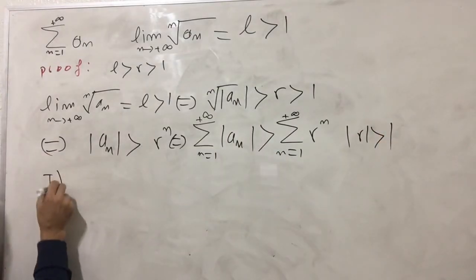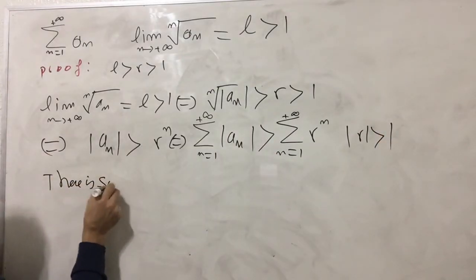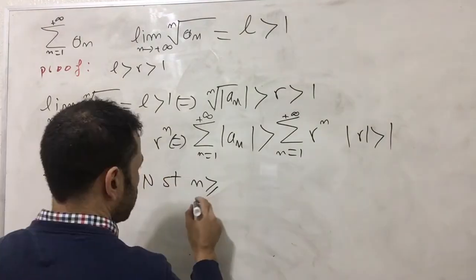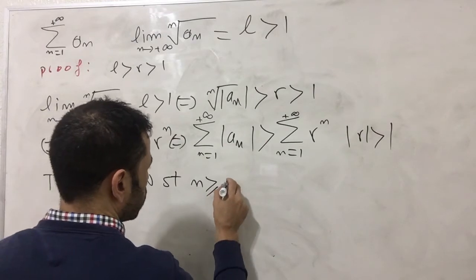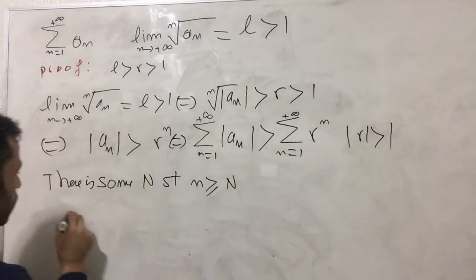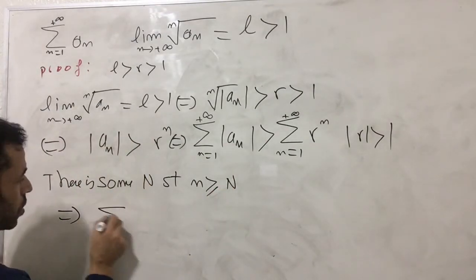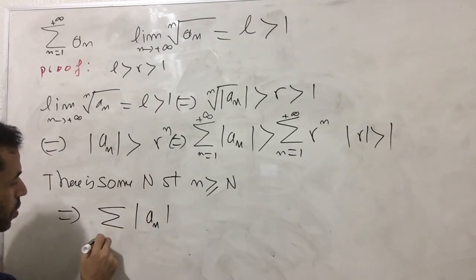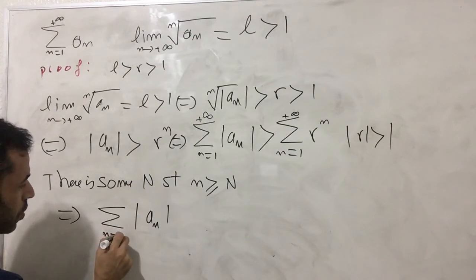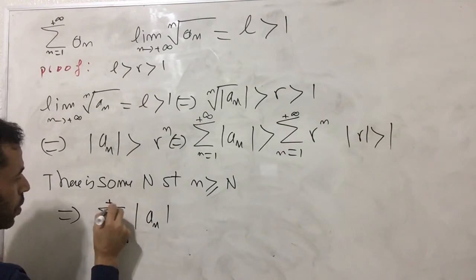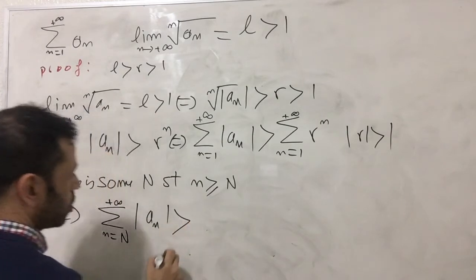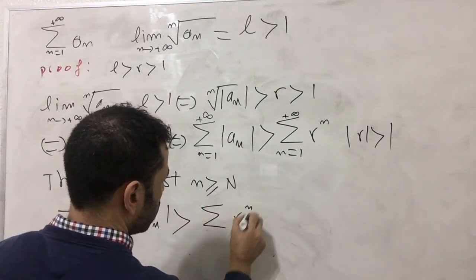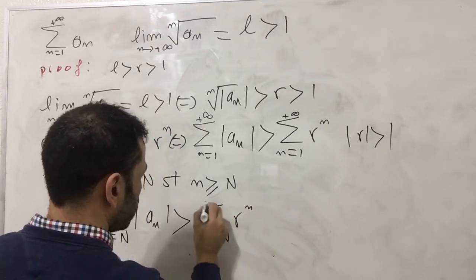So there is some capital N such that for n greater than or equal to capital N, the sum of the absolute value of a sub n as n goes from capital N to plus infinity is strictly greater than the sum of R to the n as n goes from capital N to plus infinity.